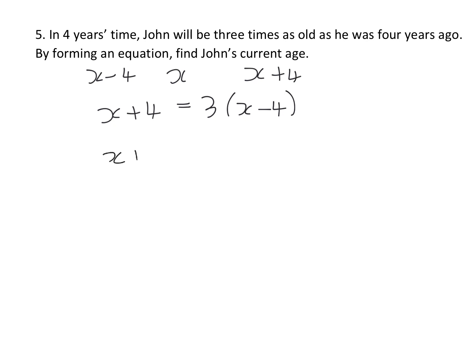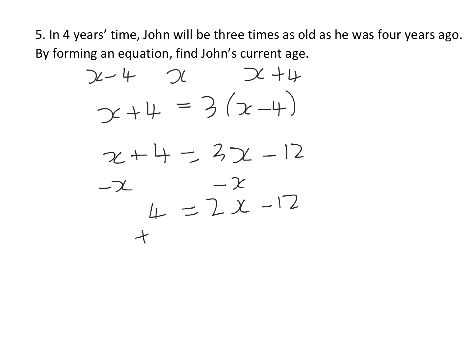So we can expand that bracket on the right hand side to give 3x minus 12. Get rid of the smaller number of x's, so take x off both sides to get 4 equals 2x minus 12. We'd add 12 to both sides to get 16 equals 2x. And if you divide both sides by 2, you get x is equal to 8.